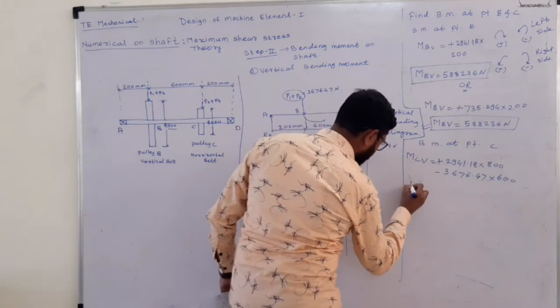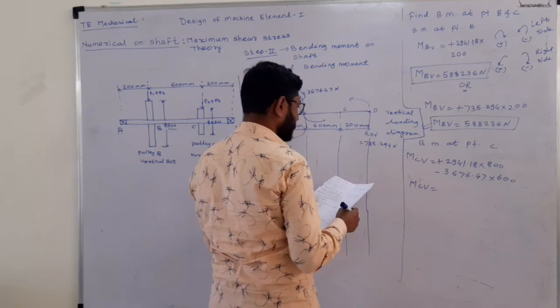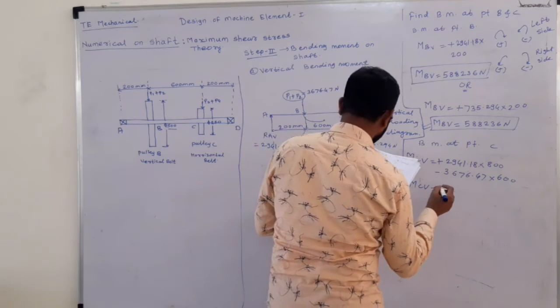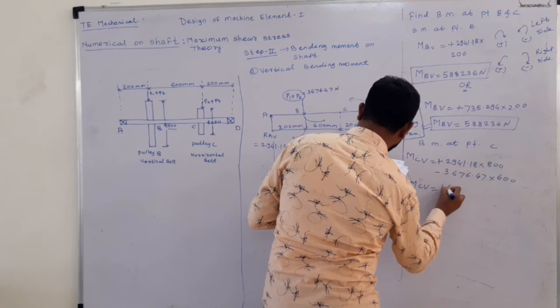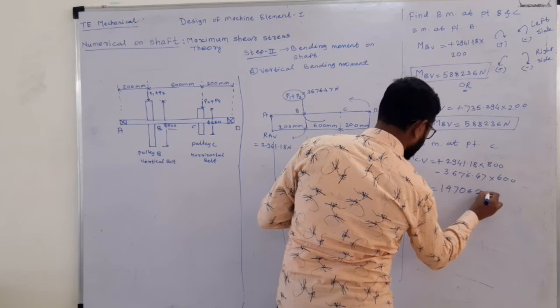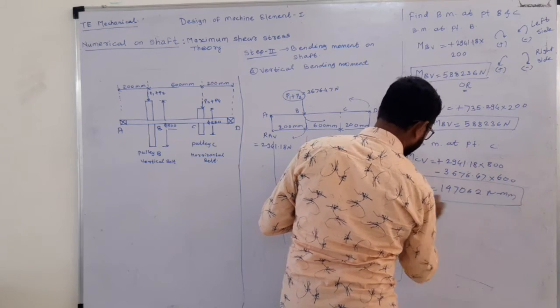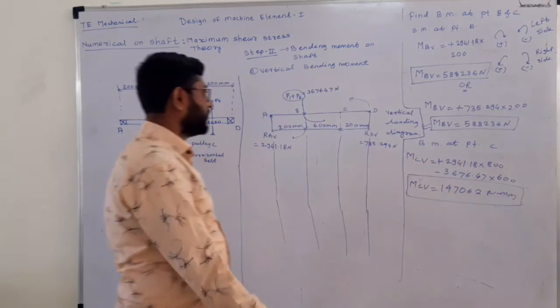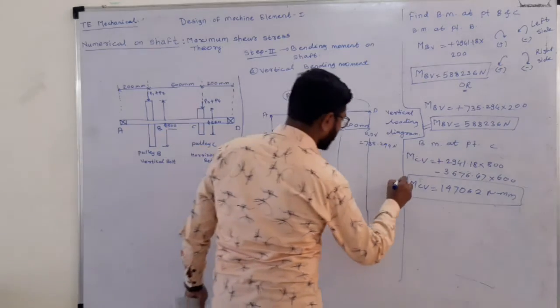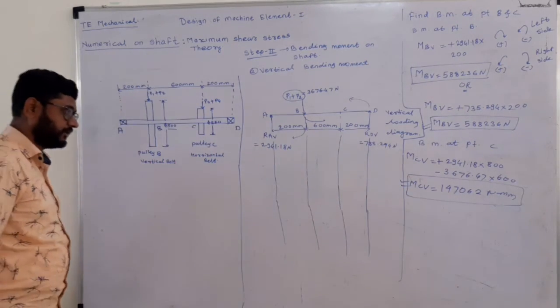So by calculation we will get bending moment at point C, that is vertical bending moment, is 147,062 Newton mm. That is bending moment at point C and bending moment at point D.